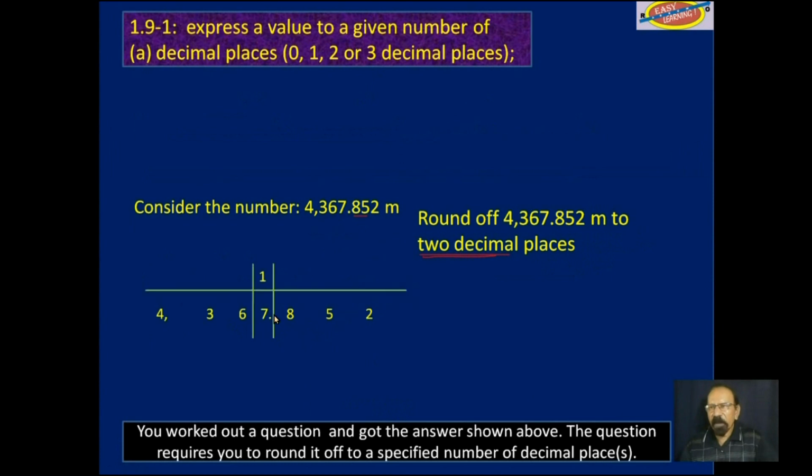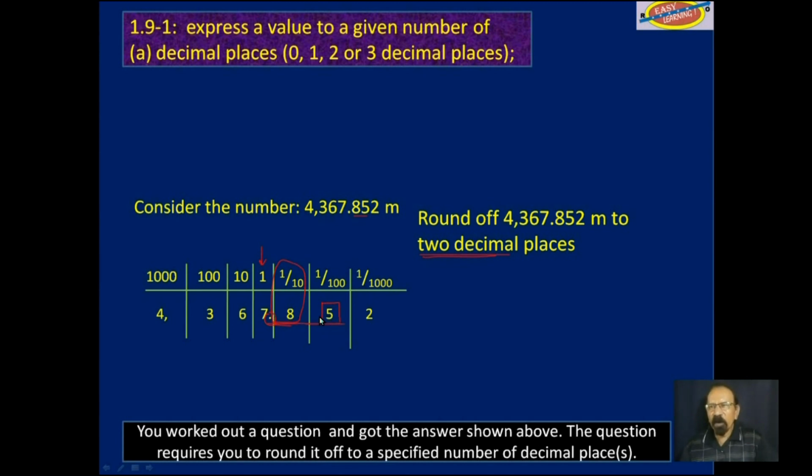So we set it up back on the grid. By now you know this very well. This is the 0 decimal place or the nearest whole number. This position here is 1 decimal place. You can see 1 digit after the decimal point. This position here is 2 decimal places. You can see 2 digits after the decimal point.